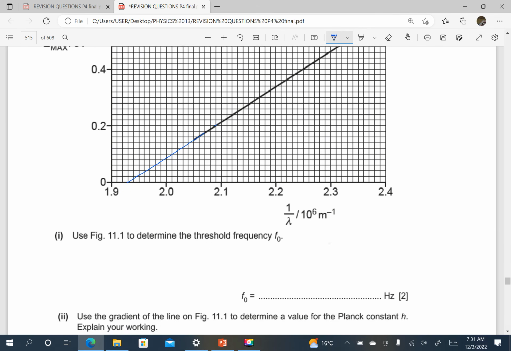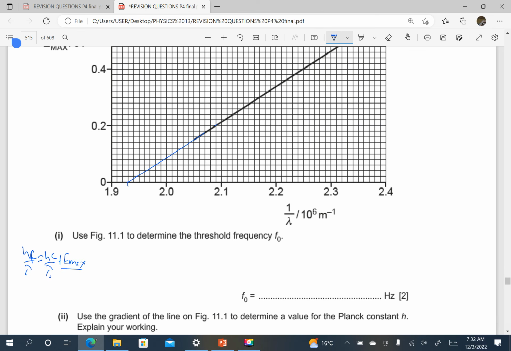Determine the threshold frequency f naught. So from the graph, I have found this is going to be 1 over lambda naught. Note that from the equation hf, or hc over lambda, equals hc over lambda naught plus Emax.